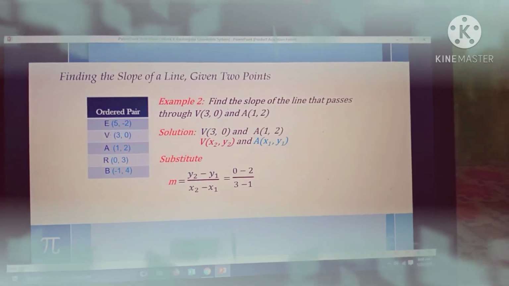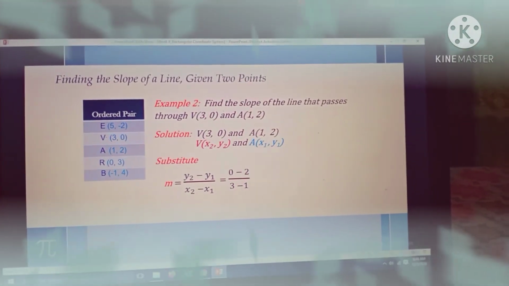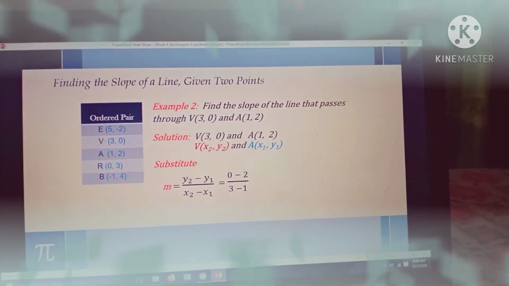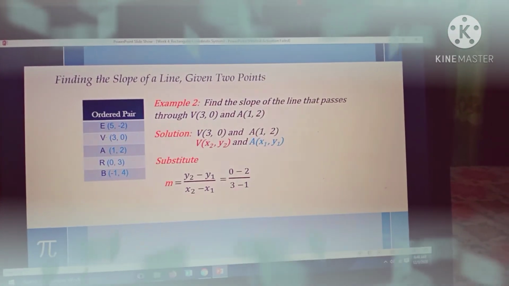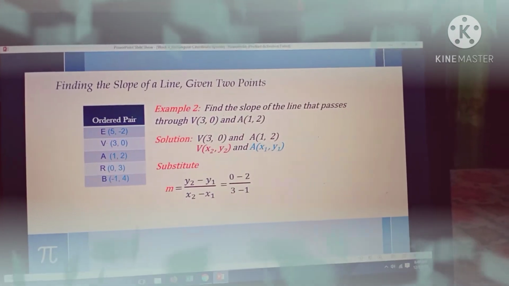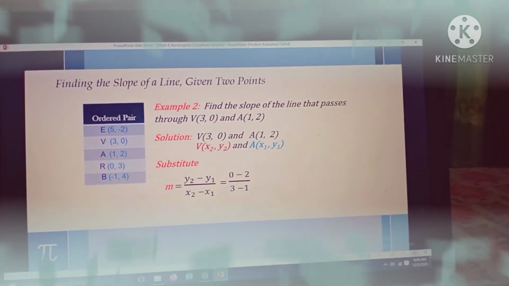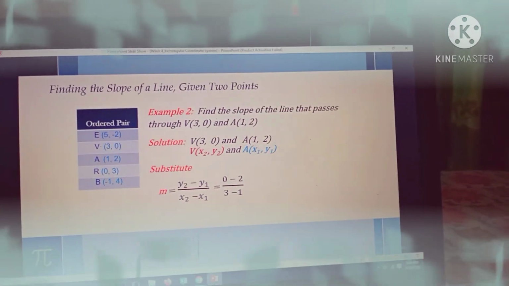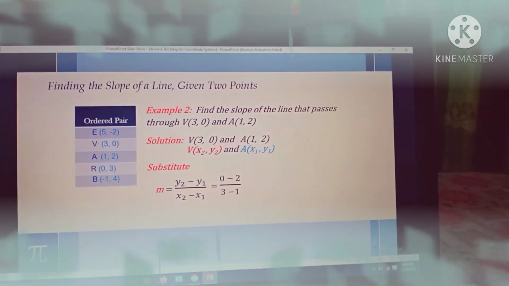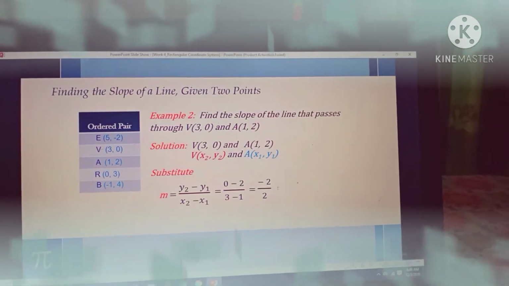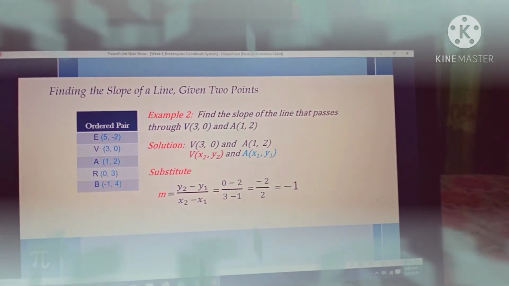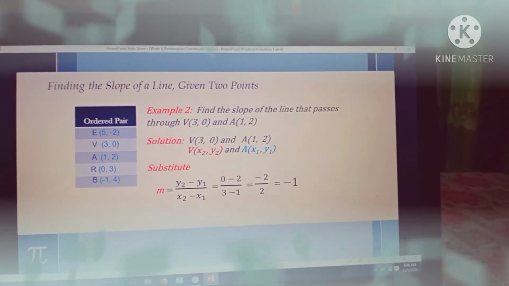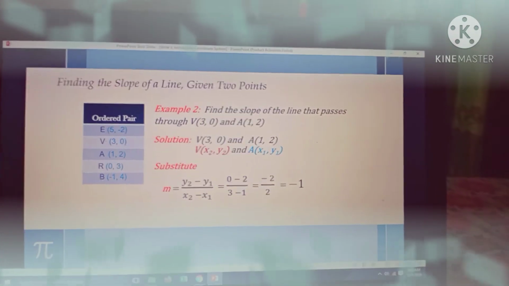So, y sub 2 is 0 from point B, minus 2 from y sub 1 on point A, over 3 from x sub 2 of point B, minus 1 of x sub 1 from point A. So, 0 minus 2 is negative 2, and 3 minus 1 is 2. Negative 2 over 2 is equal to negative 1.